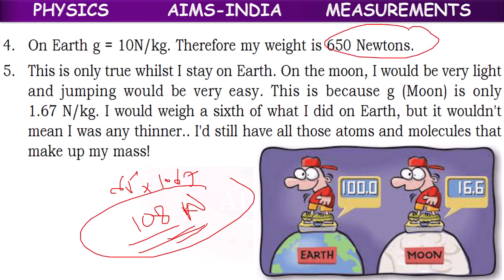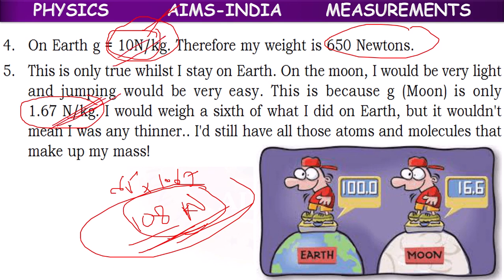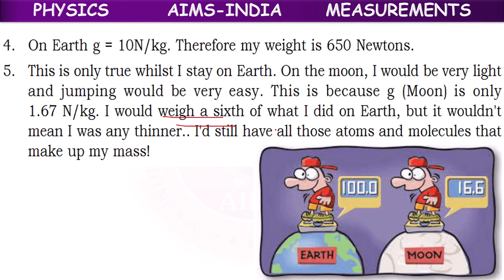On the earth, 650 newtons. On the moon, 108 newtons. Because on the earth, gravitational field strength is 10 newtons per kg, but on the moon, 1.67 newtons per kg, which is 6 times less compared to earth. So my weight will be 1/6 of what it was on the earth. Does it mean that I became thinner?